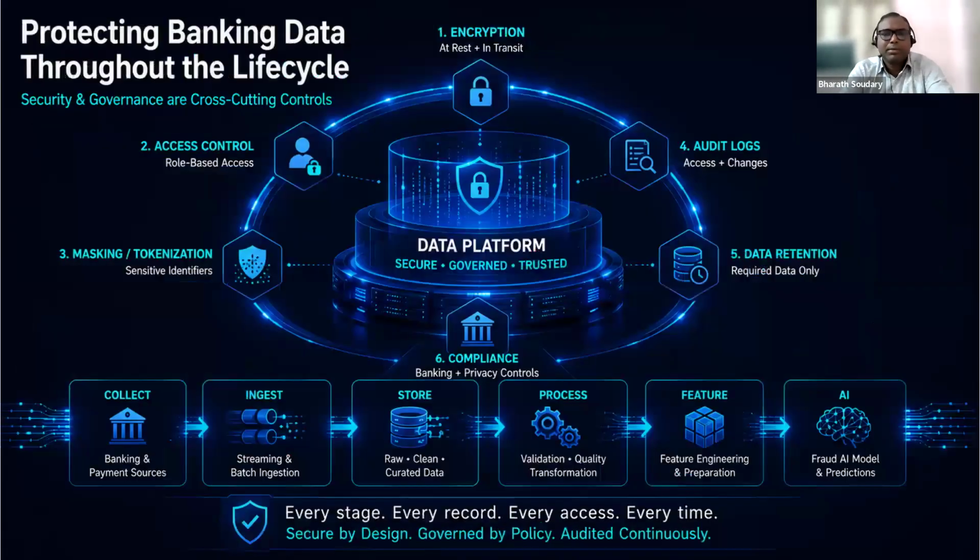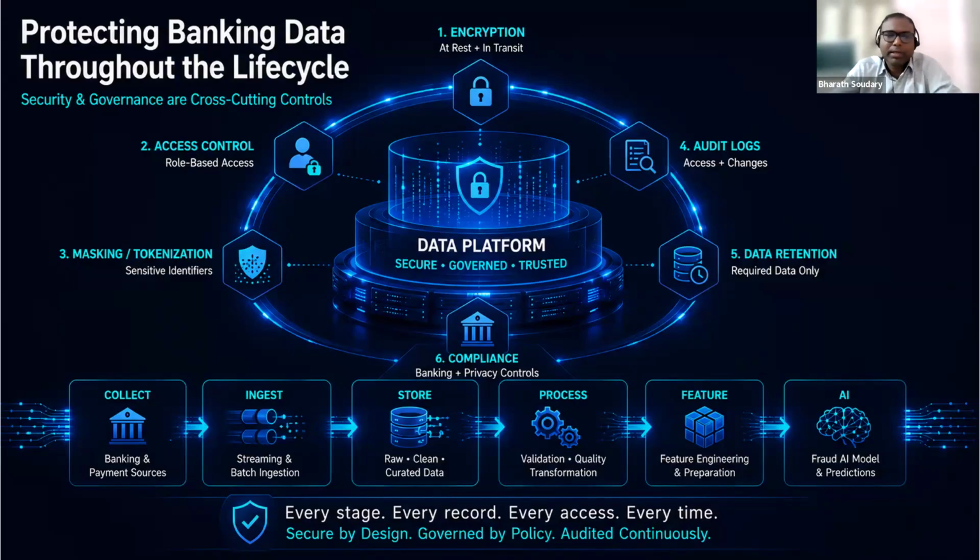We'll talk about protecting banking data throughout the life cycle. Security and governance are the cross-cutting controls across every stage of the data layer. My slide explains encryption, access control, masking, audit logs, data retention, and compliance.